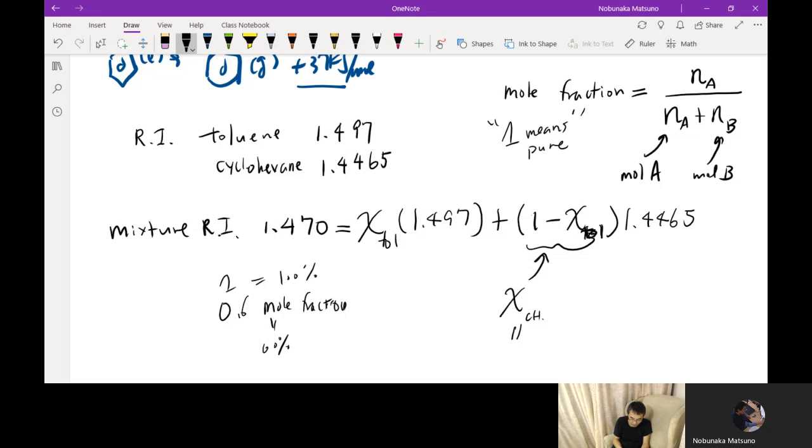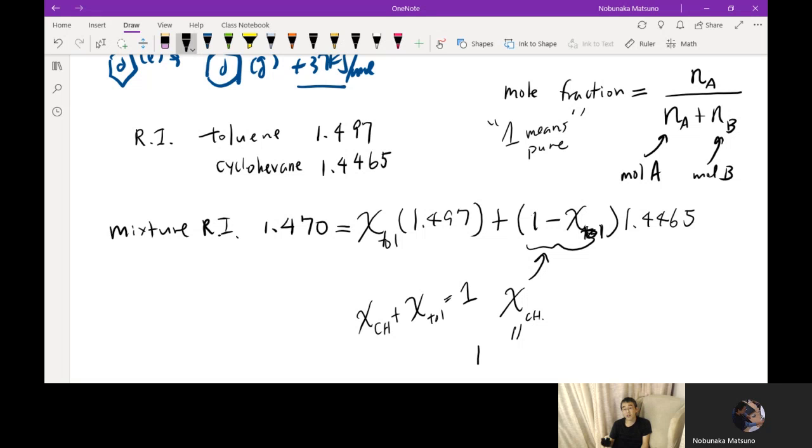Now that said, let's erase that because you probably don't need this. The mole fraction of cyclohexane plus the mole fraction of toluene is equal to 1, because it's a fraction.